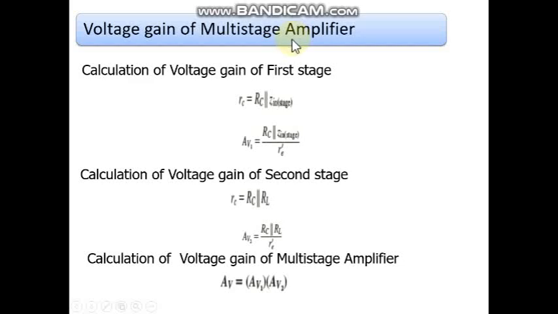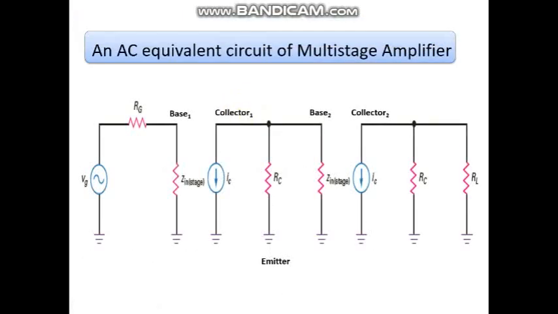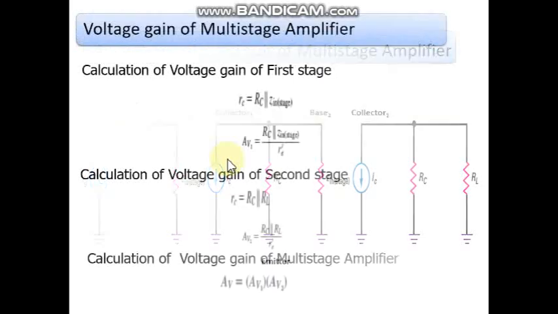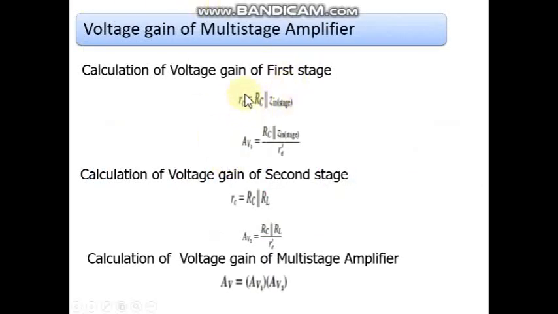So the voltage gain of the multi-stage amplifier will be, the calculation of voltage gain of the first stage. The equivalent output impedance will be RC parallel with Z in stage. So your AC collector resistance RC will be RC parallel Z in stage.